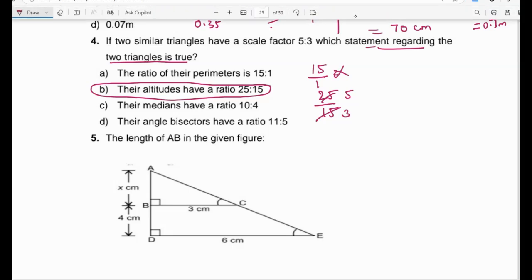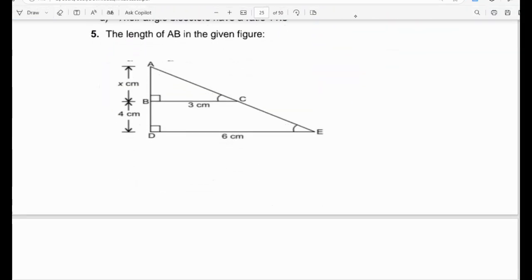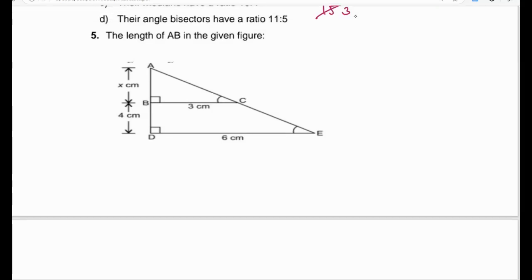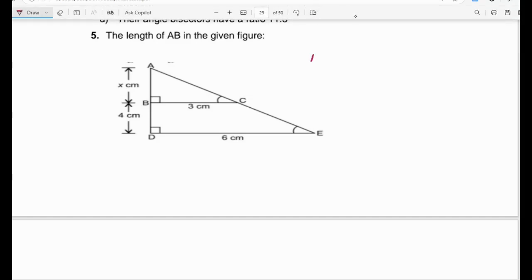They've given here the length of AB in the diagram. We have to find the length of AB in the diagram. So here we can write in triangle ABC and in triangle ADC.